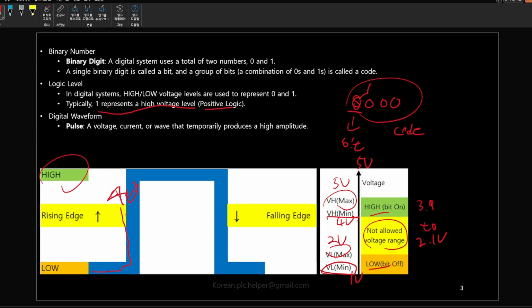This is the point when the voltage reaches around 4 volts from low. When it becomes high, we call this the rising edge. It will then maintain the 5 volt status before dropping. When it drops around the voltage low max of 2 volts, we refer to this point as the falling edge.